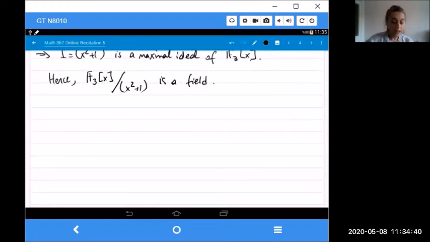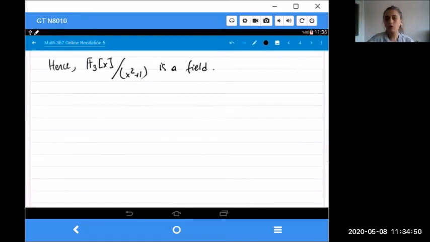Okay? Now, what about the number of elements in this field? Let us take a representative. We are going to count all the elements, just direct calculation.